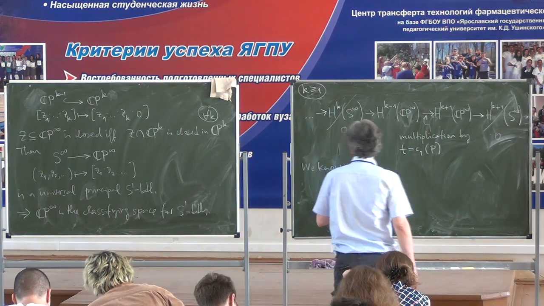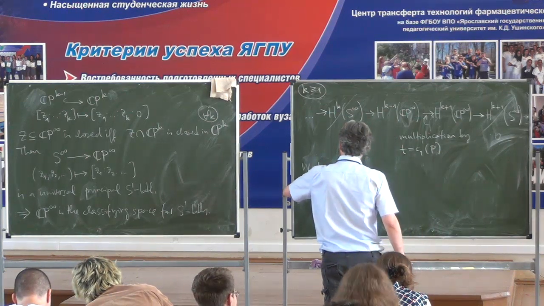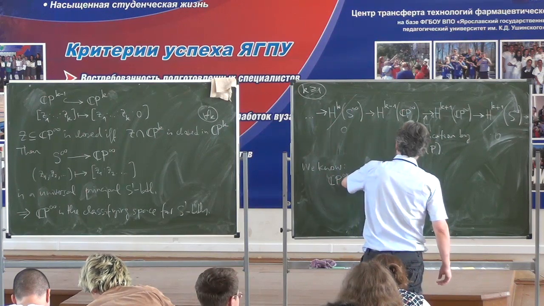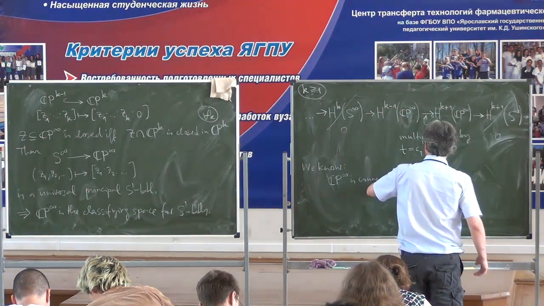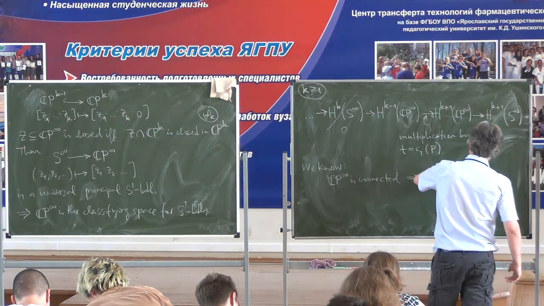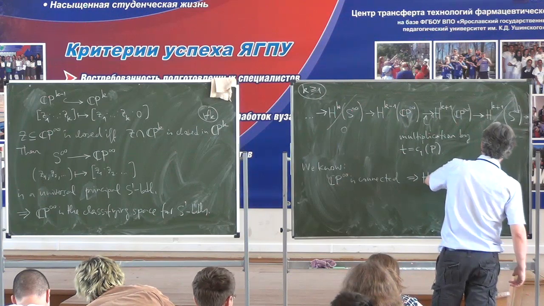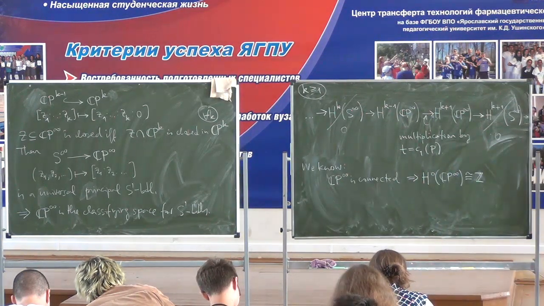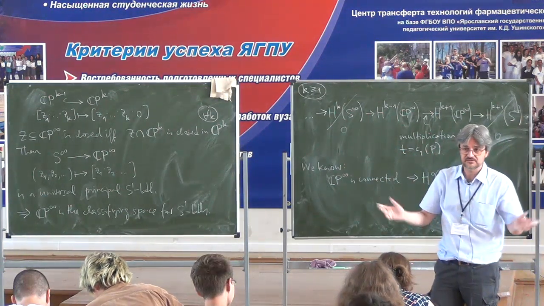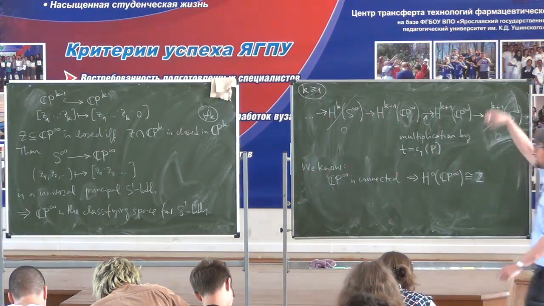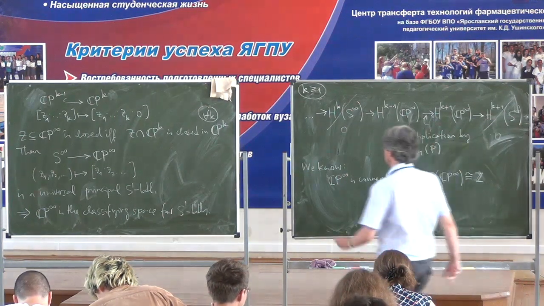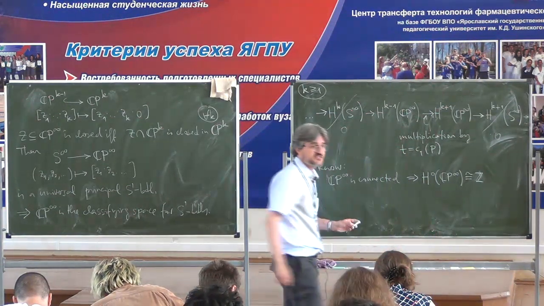On the other hand, we know that CP infinity is connected. So H0 of CP infinity can be identified with Z. This is true because S infinity is contractible, so connected, and CP infinity is a quotient of S infinity. And we also know that CP infinity is simply connected.